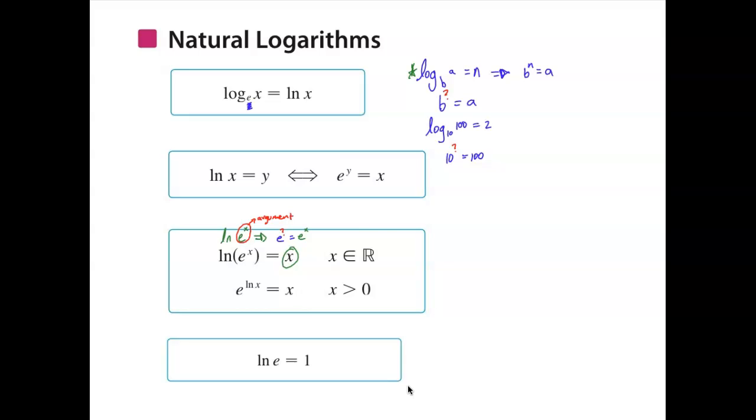And in fact, natural log of e to any power just simplifies to that power, right? So if I do natural log of e to the third, that's going to be 3. Natural log of e, that's going to be 1, and so on. And likewise, this operation is called exponentiation.